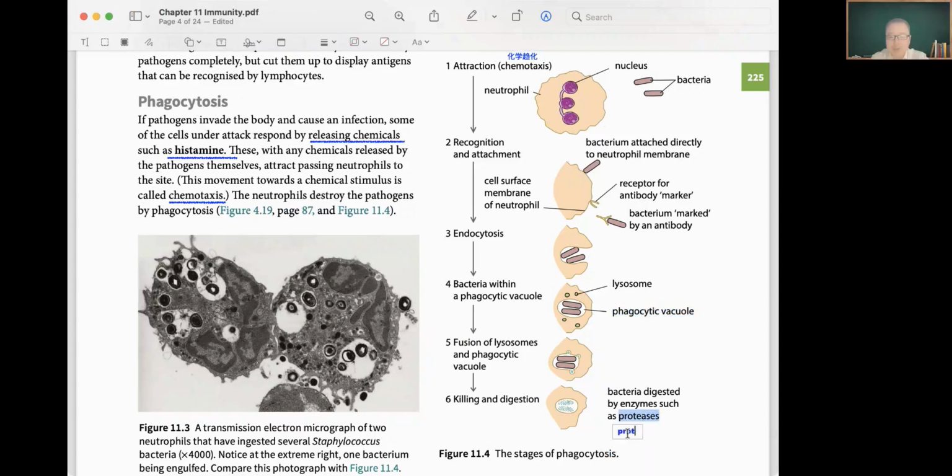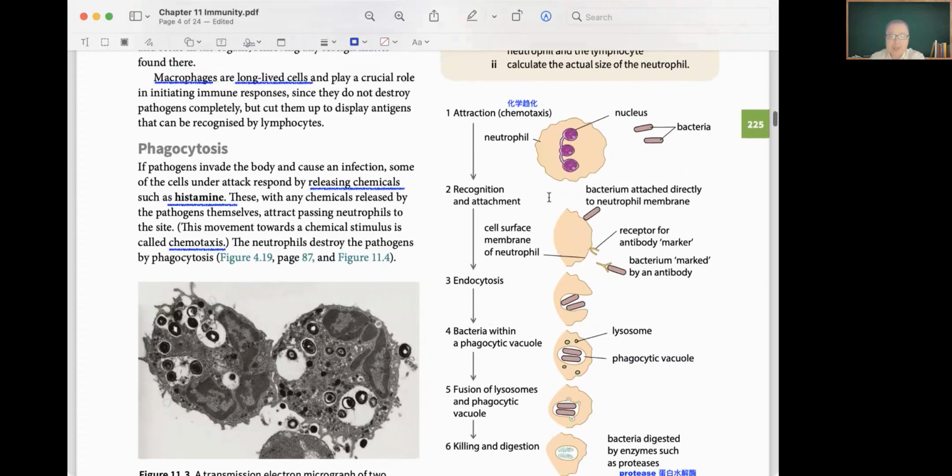Protease, 蛋白水解酶. Protease is a kind of enzyme that can hydrolyze or digest the bacteria. So kill and digest the virus, bacteria. This is called the stages of phagocytosis.